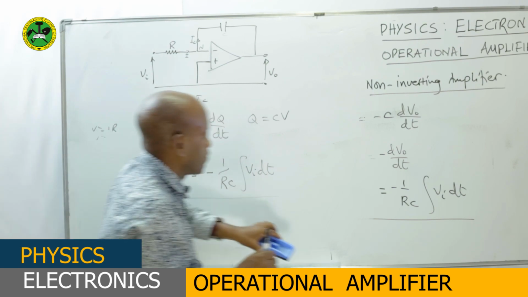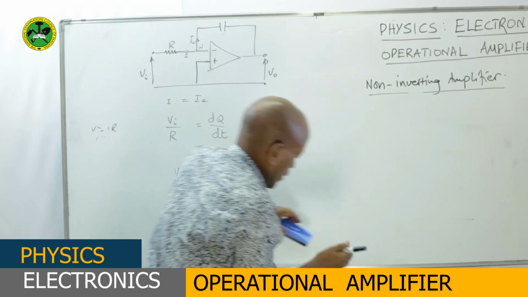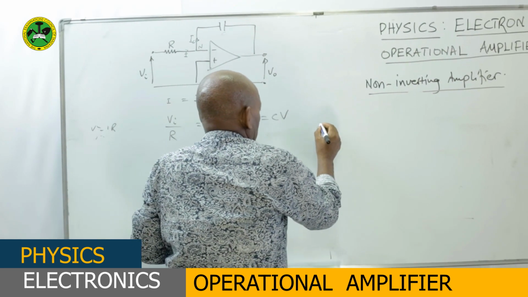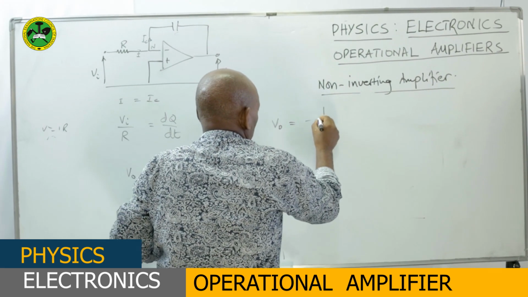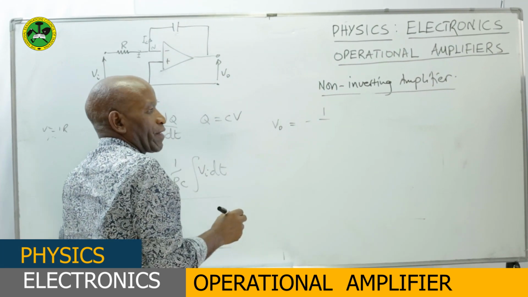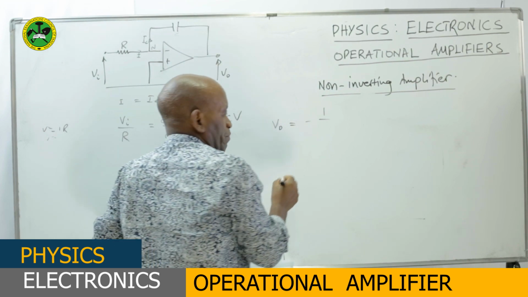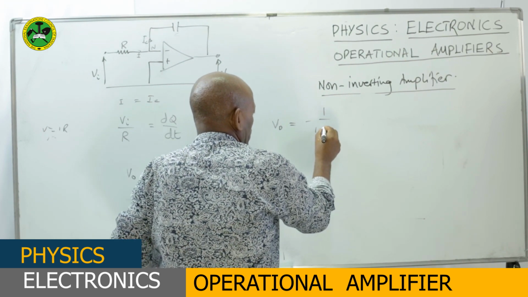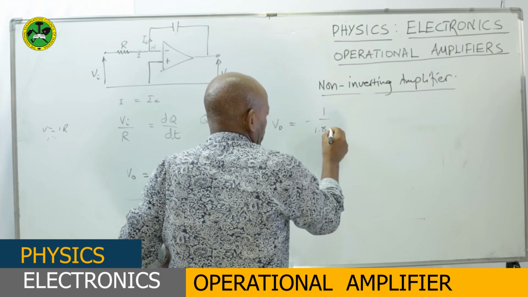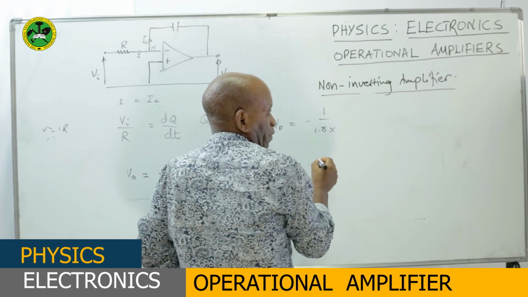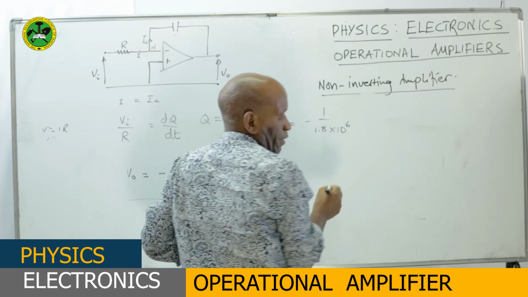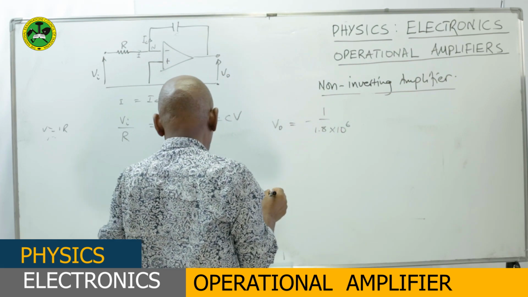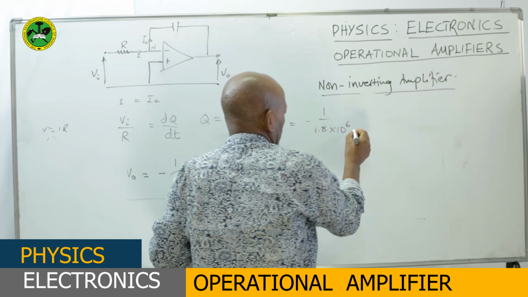So if we substitute those particular values, then we can find the answer. Let us look that the V0 here is equal to 1 over RC. The resistor R is 1.8 mega ohm, that is 1.8 times 10 to the power 6 ohm, times C is 4 microfarad.